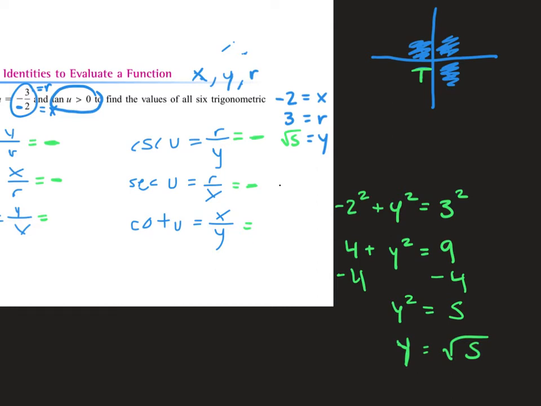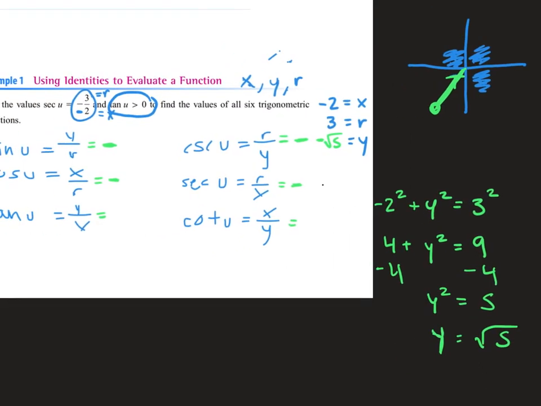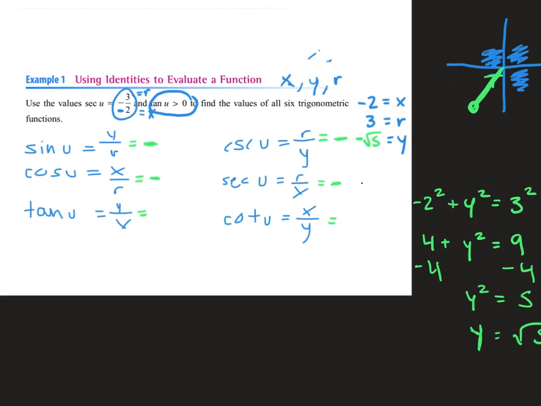Negative, perfect. Because in this quadrant, if we have a point down here, both our x and y are going to be negative. It's to the left and it's down, so our x and y have to be negative. And then once we have our x, r, and y, we just plug everything in.